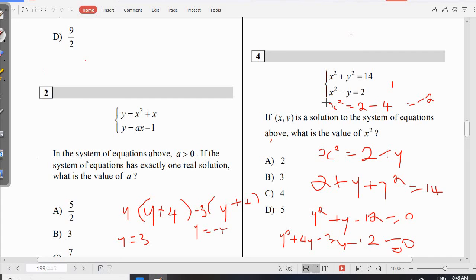X squared plus y squared. What's y squared? Y squared is minus 4 squared, which is 16, so x squared is equal to 14 minus 16. 14 minus 16 is minus 2, so x squared equals minus 2.